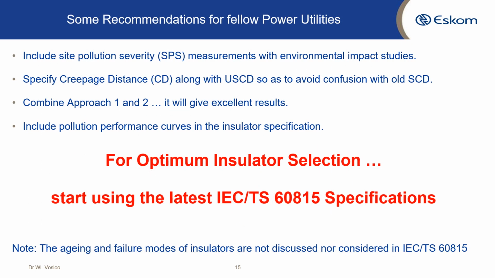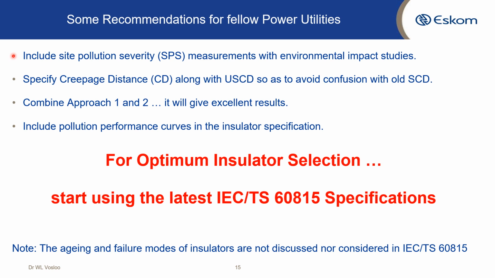To conclude today's presentation, I'd like to give some recommendations to fellow power utilities. Firstly, we pay quite a bit for environmental impact studies. It's a costly endeavor. And normally they tell us what our effect is going to be on the environment, and rightfully we take note. However, they don't tell us what the environment's going to do to our network or our system.